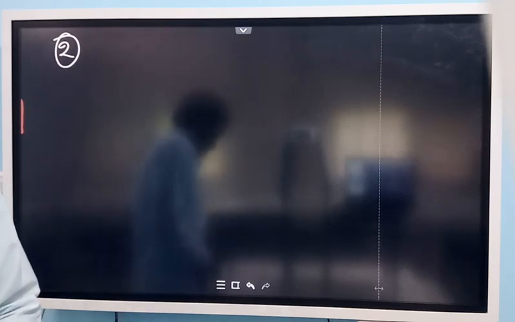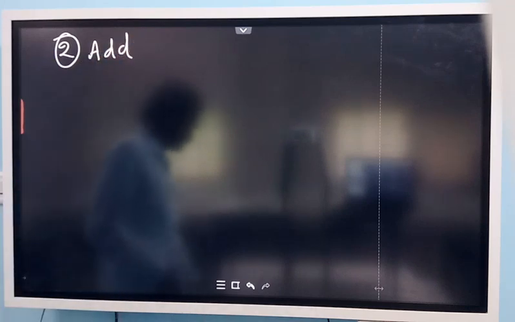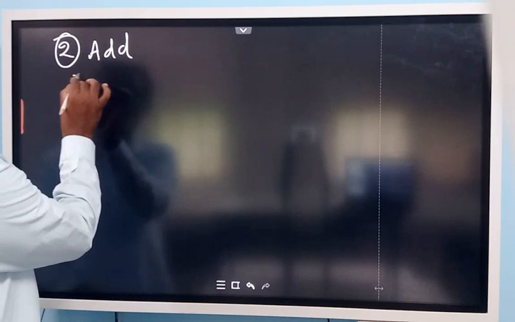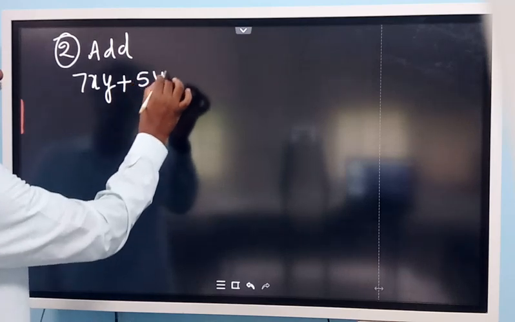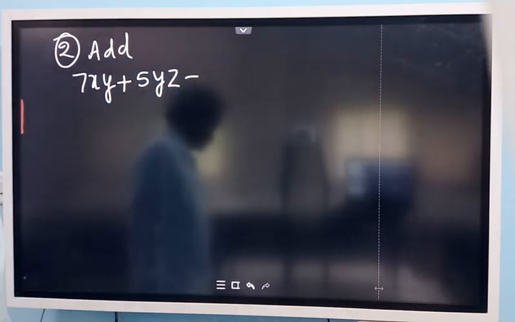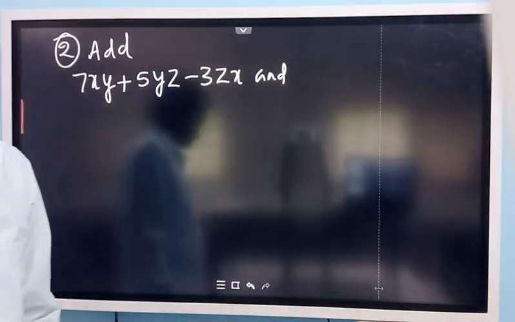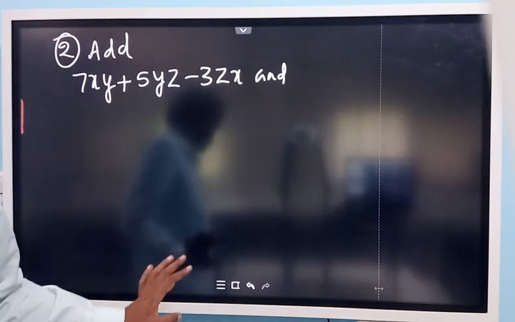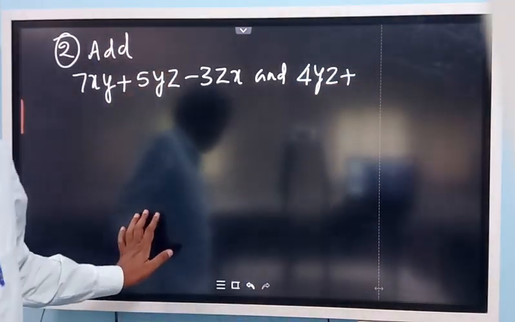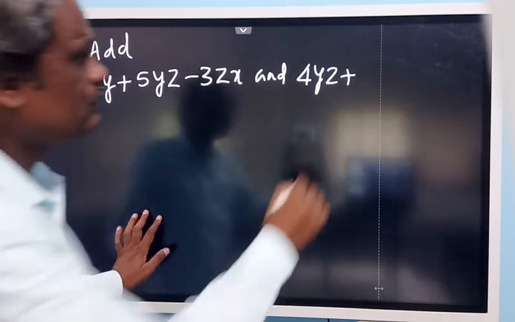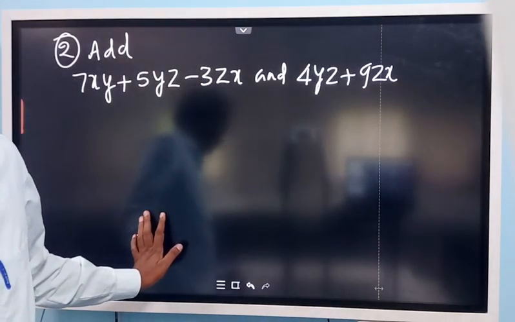All of you try this second question. Add 7xy plus 5yz minus 3zx and the second expression, 4yz plus 9zx, then minus 4y.